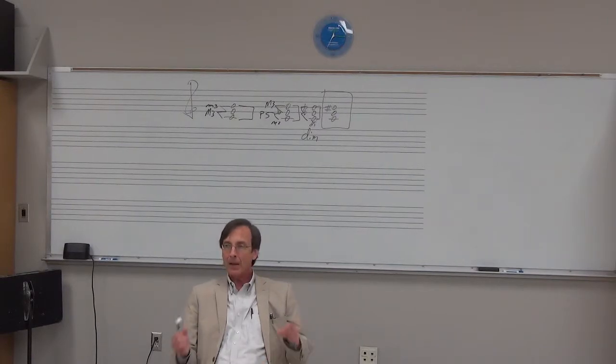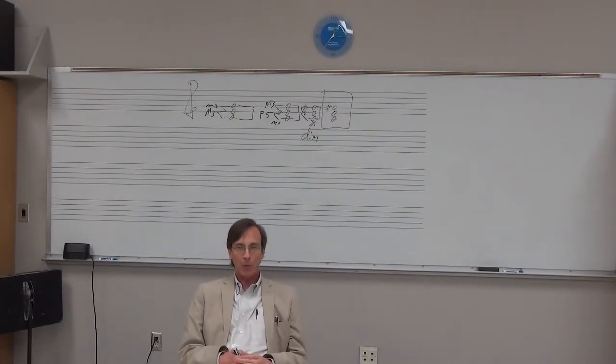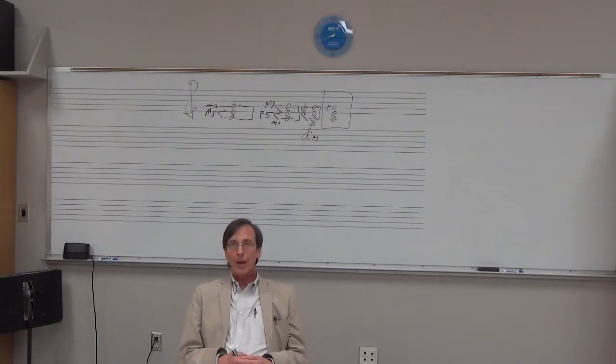Okay, now let's think of other things that would help your students learn their triads. What are all the white note major triads? C, E, G, F, A, C, G, B, D. So we can learn all those. Okay, what are the black, white, white major triads?